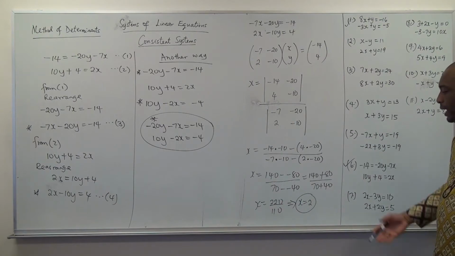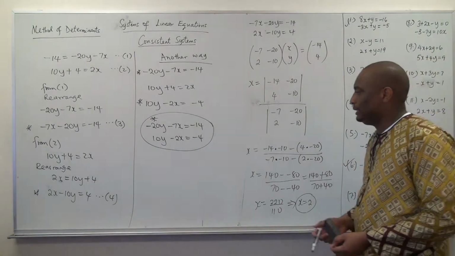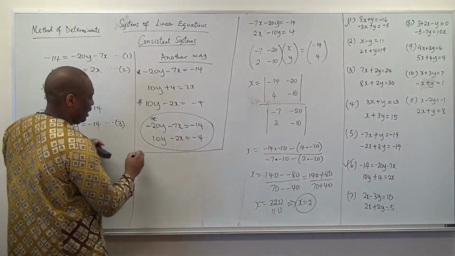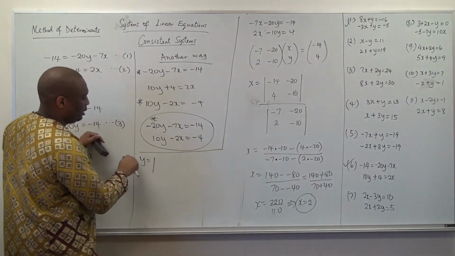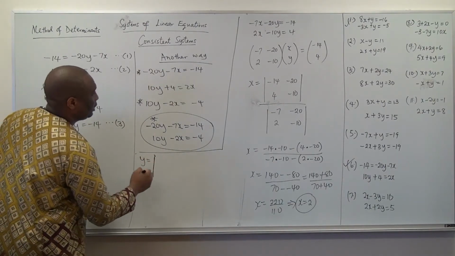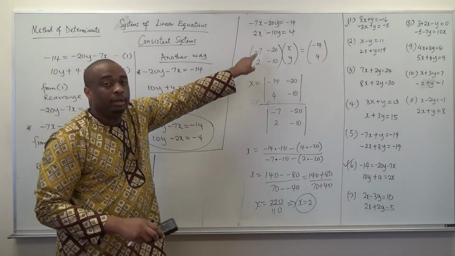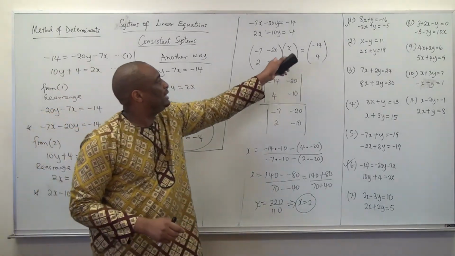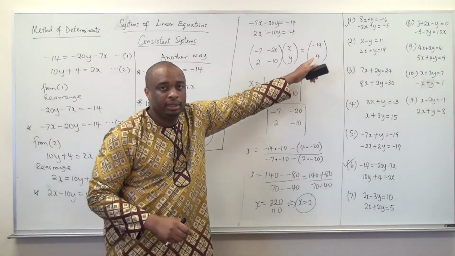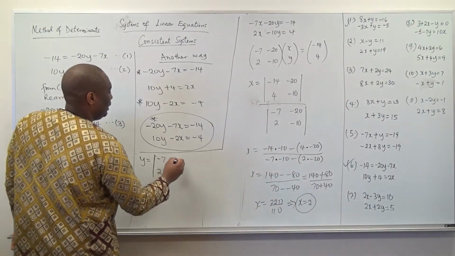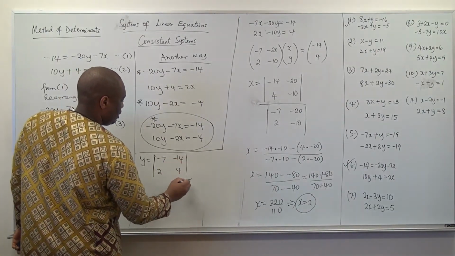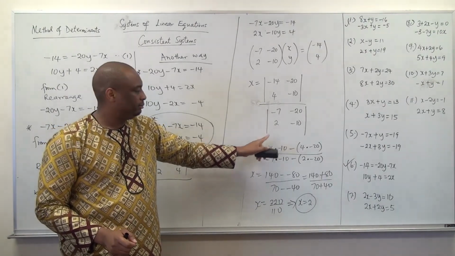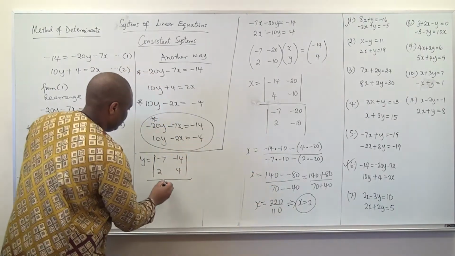Right? And since we found x, finding y is easy. So we can go ahead now and find y. What do you think our y will be? y will be a determinant. What do you think it will be? Negative 7, 2, and you replace the coefficient of y with the result coefficient, negative 14, 4, all over the same thing here, which is 110.